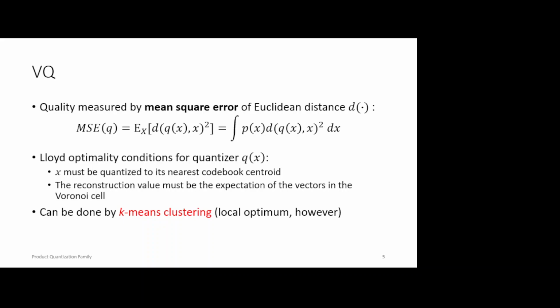The second point is that the reconstruction value, the cluster centroid, must be the expectation of the vectors in the Voronoi cell. So the centroid should be the average, the expectation, of all the data belonging to the cluster.